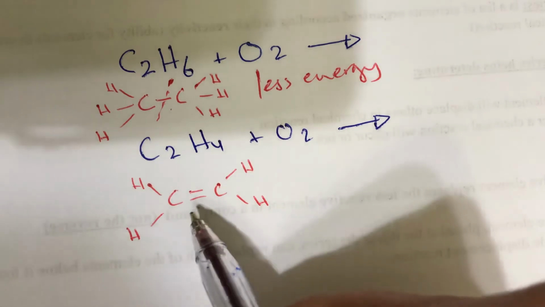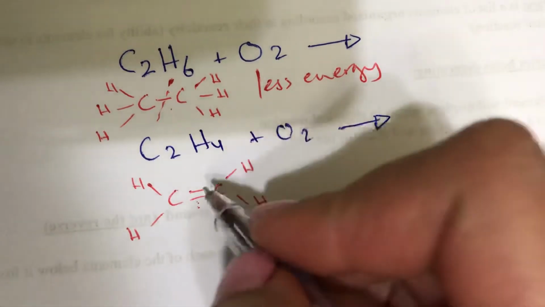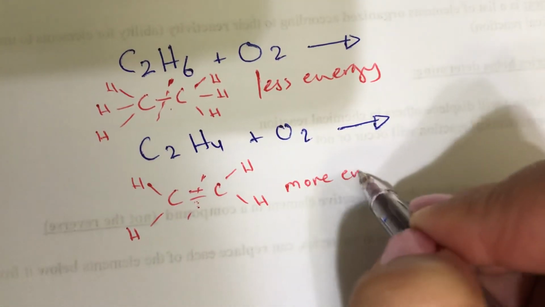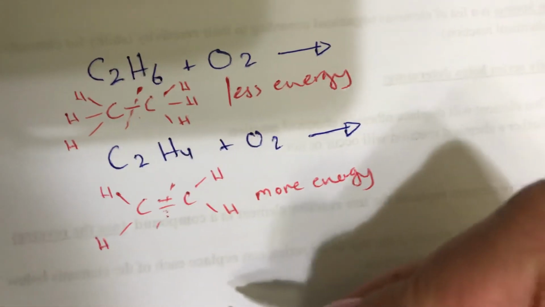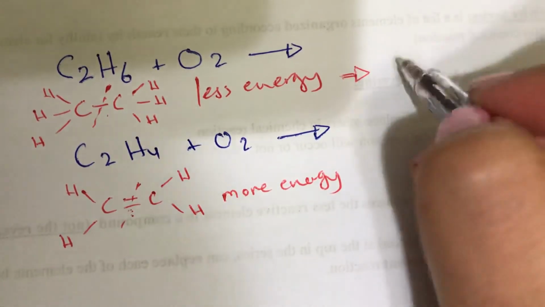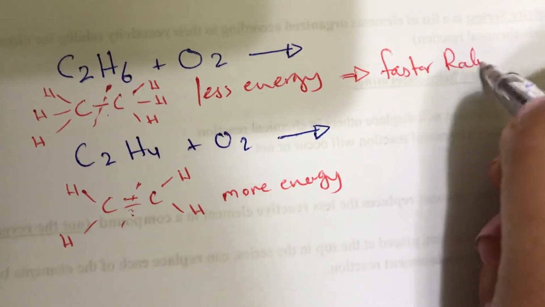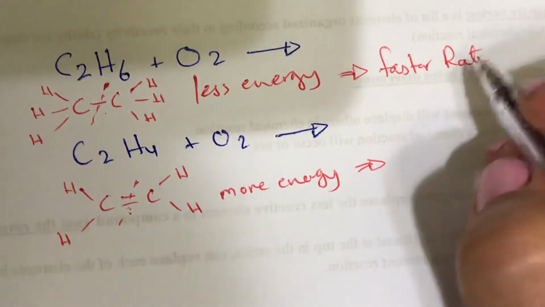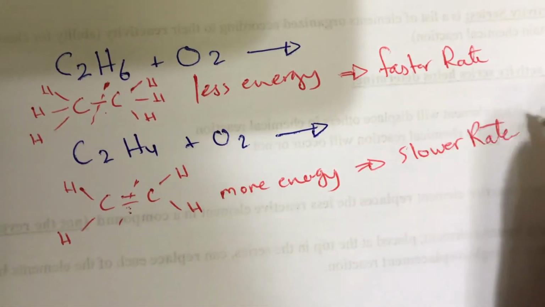But here, the double bond is stronger than the single bond, so it needs more energy to break the bond, then the reaction occurs. So compounds with weak bonds have a faster rate, and compounds with strong bonds have a slower rate.